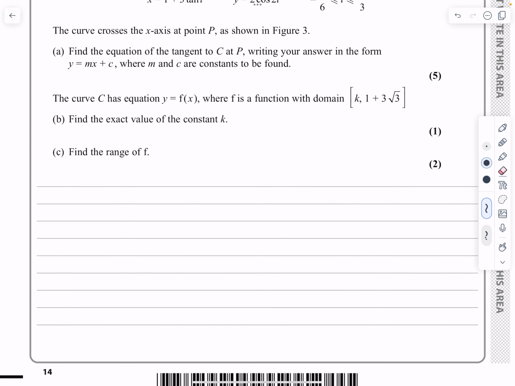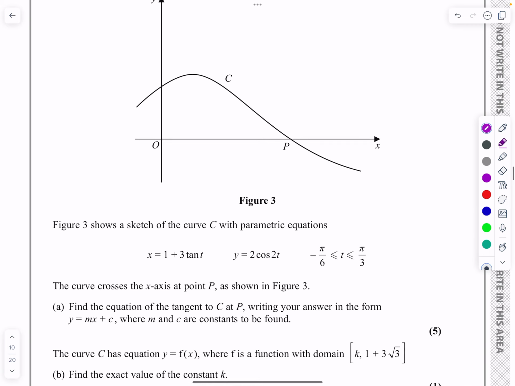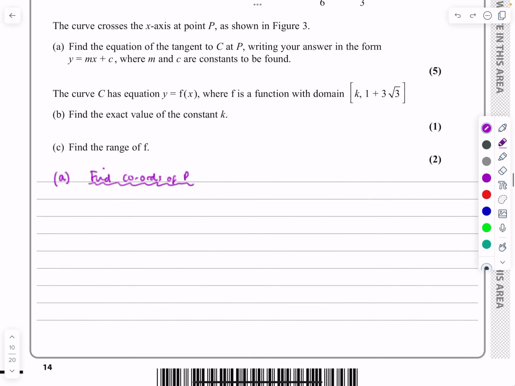So for part A, I'm going to say find the coordinates of P first of all, just explain to them what I'm doing. So to find the coordinates of P, well, we've got y equals 0 there, haven't we? Because it's hitting the axis. So we can say y is equal to 0, and if y is equal to 0, because y is 2 cos 2t, we get that 2 cos 2t equals 0, which means that 2t is pi over 2, or in other words, t is pi over 4.